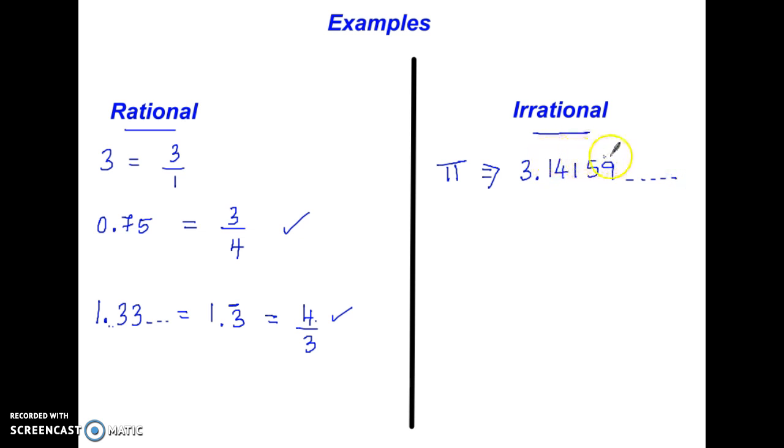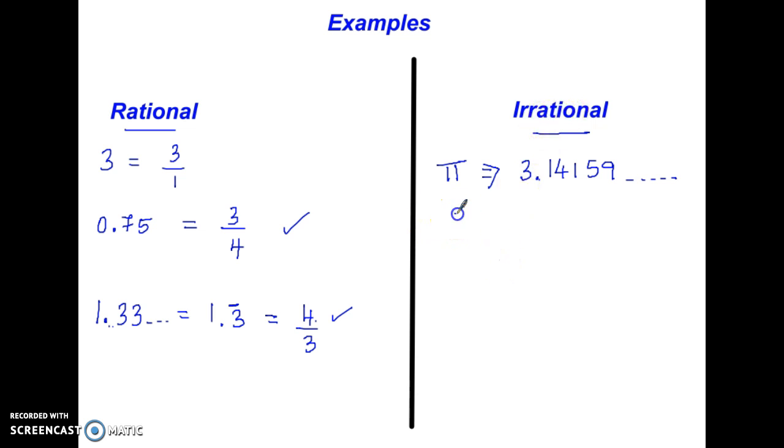There is no pattern for the decimals that come after this decimal point. It doesn't repeat in a certain order. We just don't know what's the next number just by looking at these numbers over here. It's not going like 141414. That's not what's happening here. So whenever that happens, it's called an irrational number.